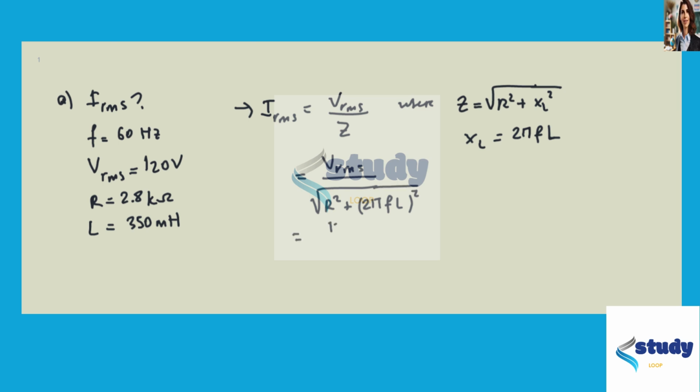So the RMS voltage is given to us as 120 volts, and the resistance is 2.8 kilo ohms. So let's convert that to ohms, squared, plus 2 times 3.14 pi, right? The frequency is 60 hertz.